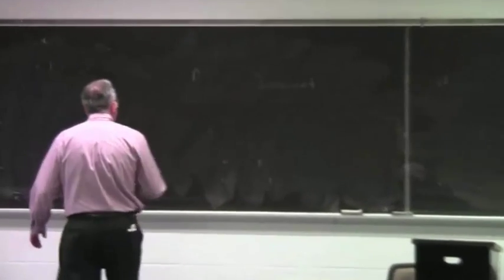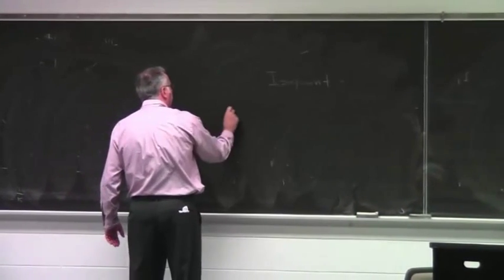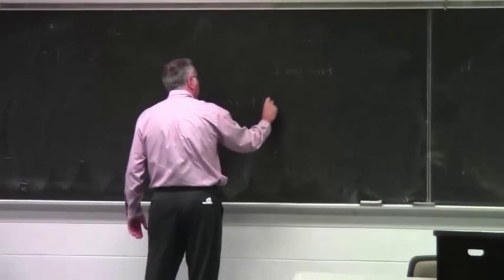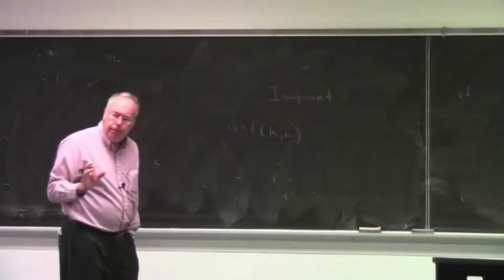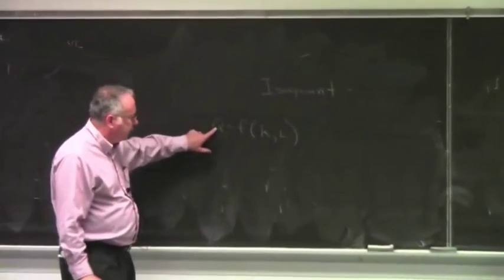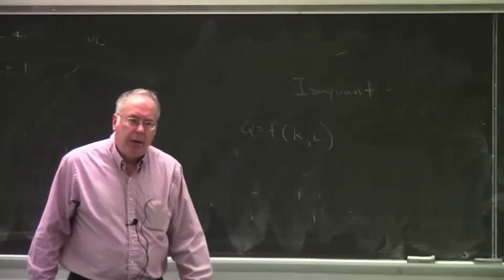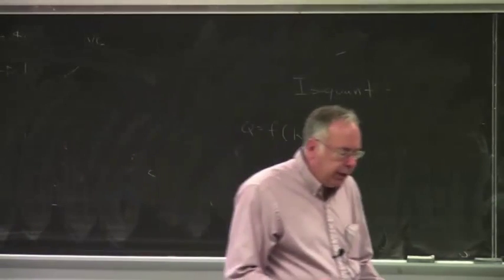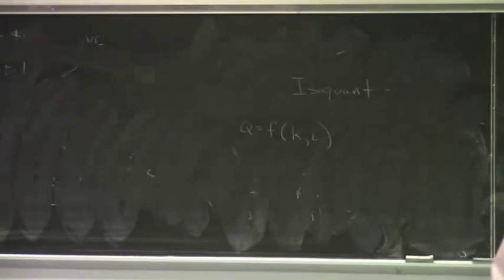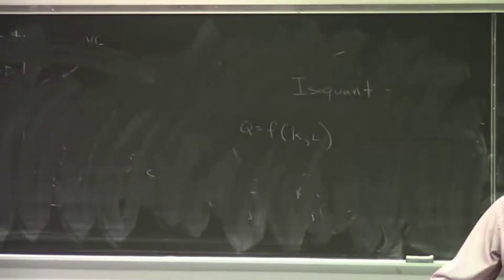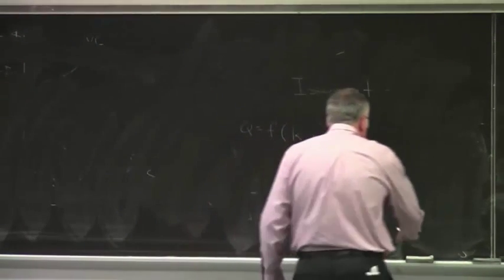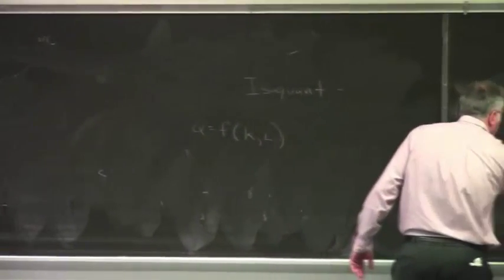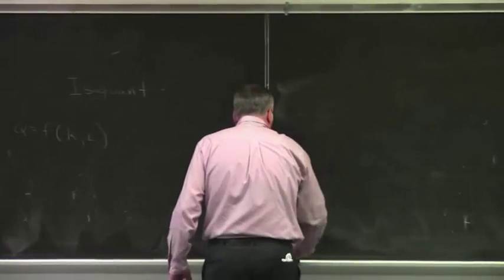Let output be a function of capital and labor. If you fix output at a certain level, Q sub 0, then an isoquant would just be all the different combinations of capital and labor capable of producing Q sub 0 units of output. And you could draw it in a diagram that looks like this. A typical isoquant would look something like this.